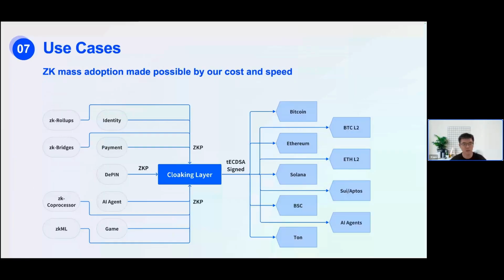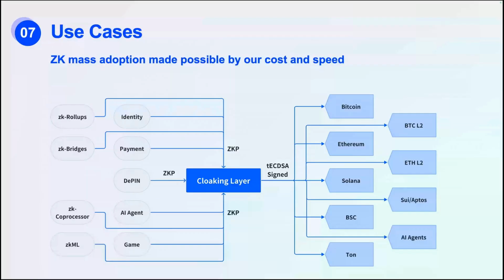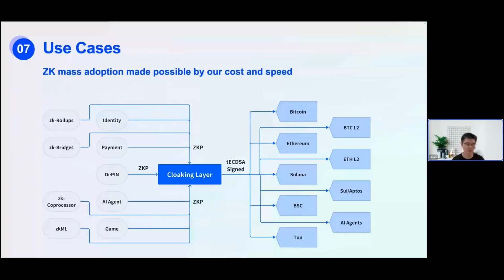Another interesting use case we're seeing is with payment. We're actually collaborating with a payment company right here in Singapore, which deploys POS machines, point of sale machines. They have this POS machine network and they have all the payment transactions going on in these POS machines.